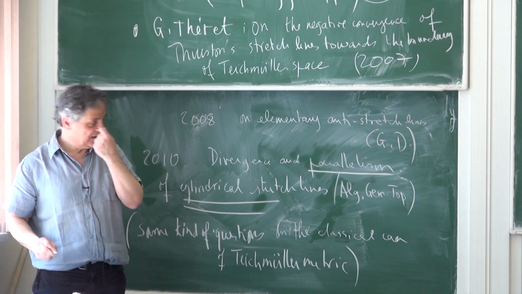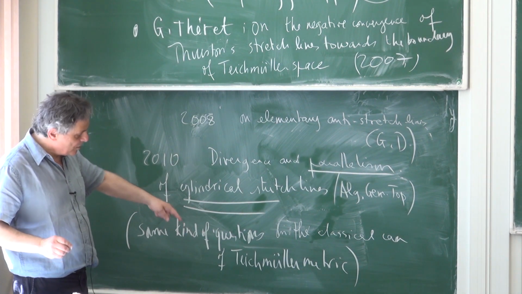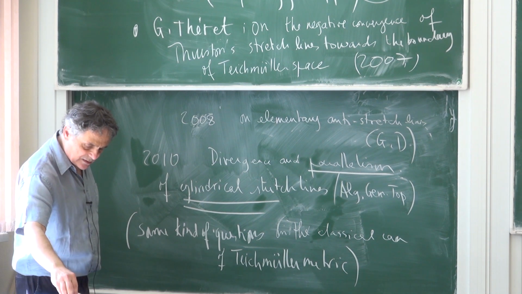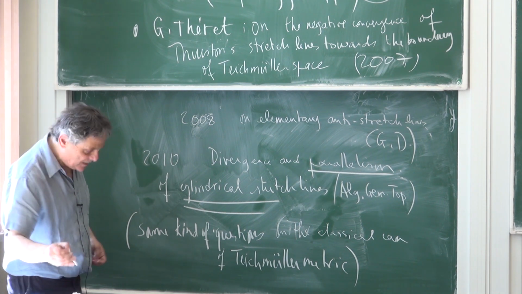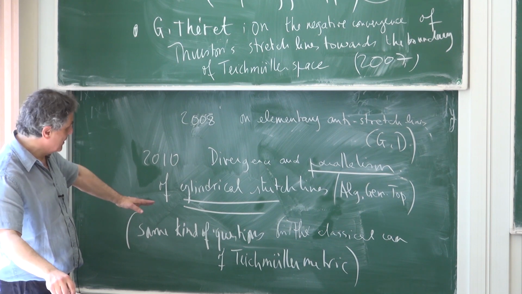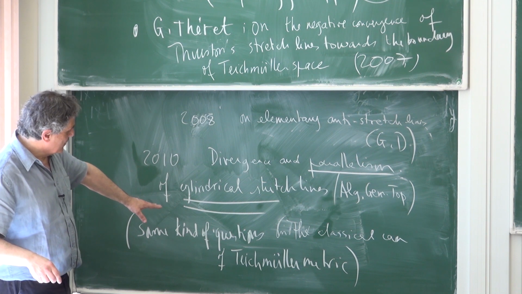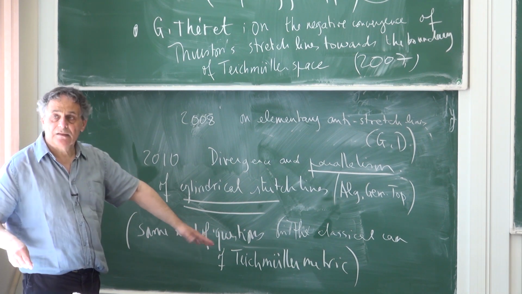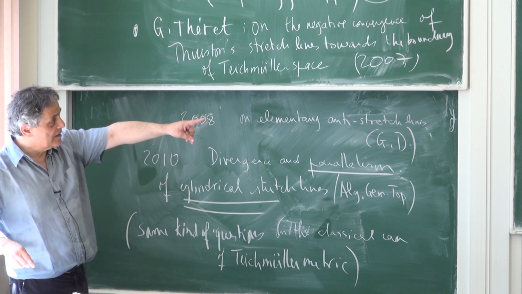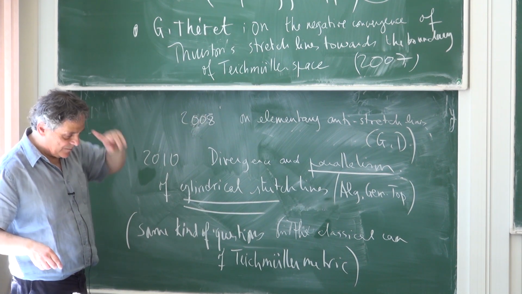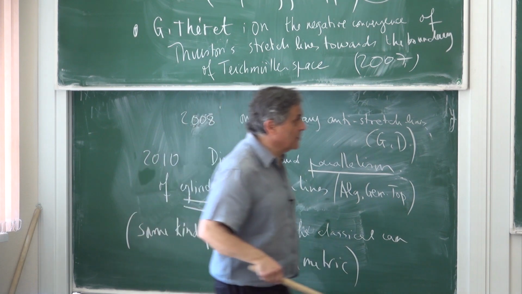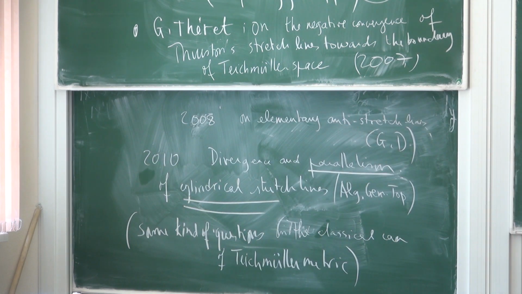And when I say the Teichmüller metric using quasi-conformal mapping, this is a classical setting which I will not discuss here, but it has to do with the fact that this Teichmüller space equipped with the Teichmüller metric is not negatively curved. In fact, studying parallelism like this is part of the question of whether it is negatively curved in the sense of Busemann or in the sense of Alexandrov.